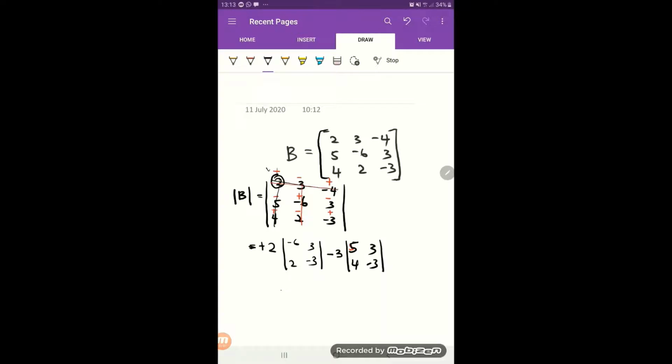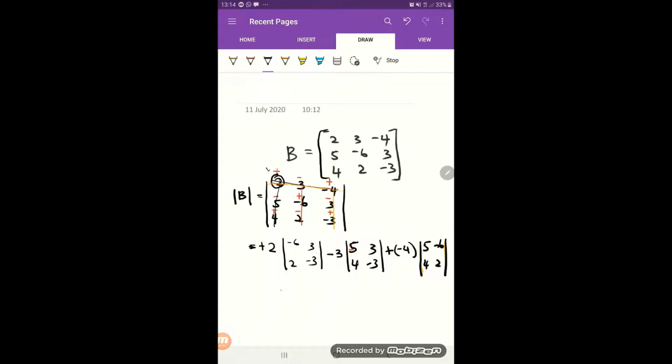Continue for A13. The sign of A13 is positive, and A13 is negative 4. By using the yellow color, we delete the first row and the third column. The numbers not deleted by the yellow color are 5, negative 6, 4, 2.